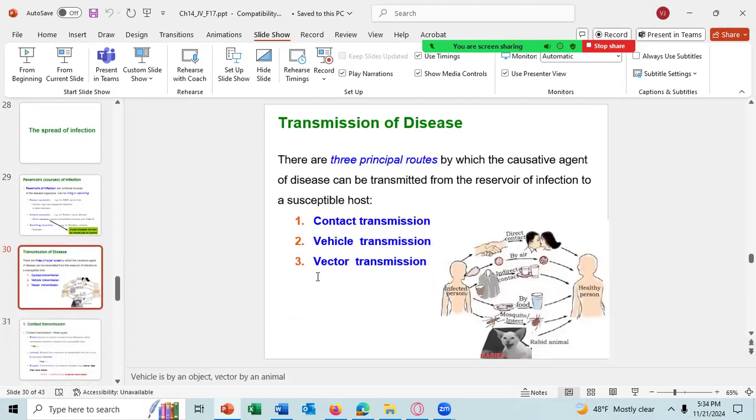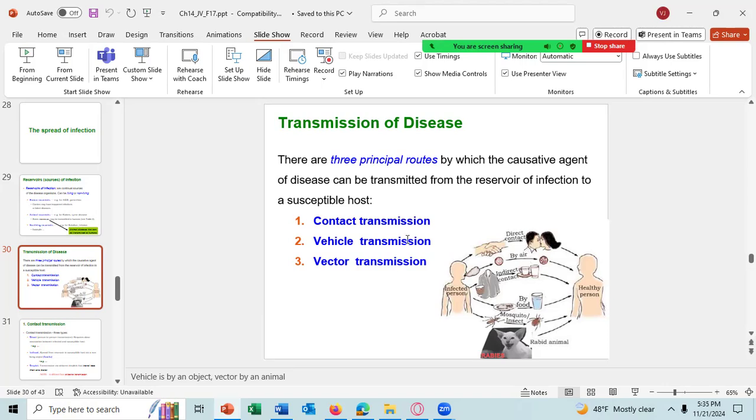Let's talk a little bit about transmission of disease. There are three principal routes by which a causative agent of disease can be transmitted from the reservoir of infection to a susceptible host. There's contact transmission, and that's direct contact, like a handshake or two people kissing.